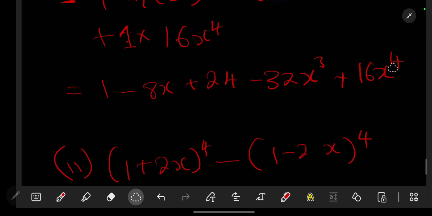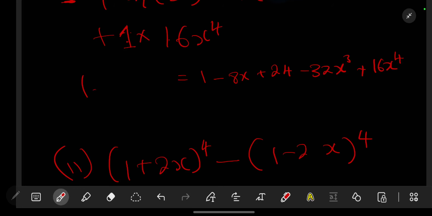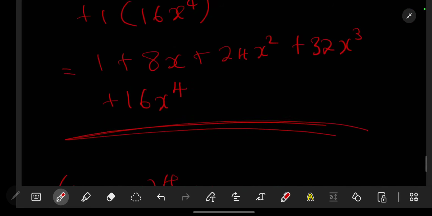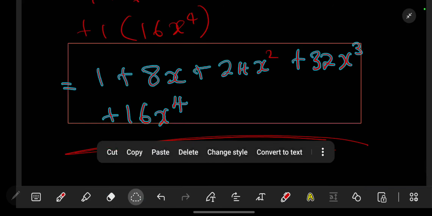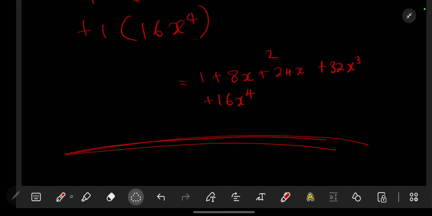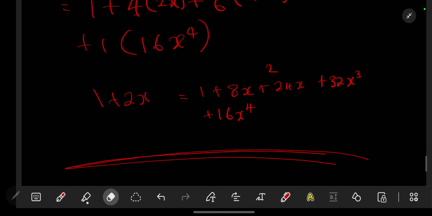So remember, this one is the expansion for 1 minus 2x to the power of 4. Likewise, this other one is the expansion for the positive, 1 plus 2x to the power of 4.